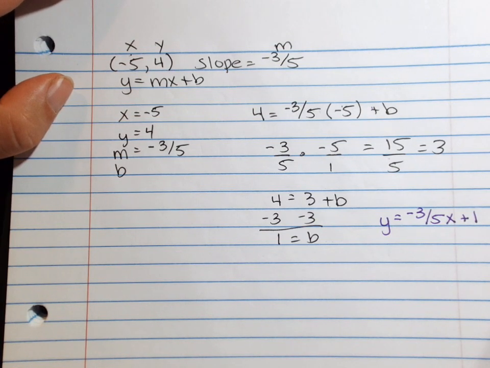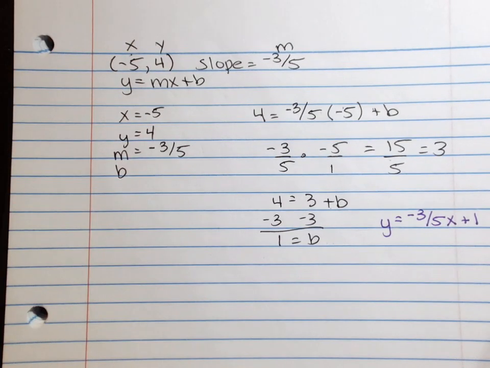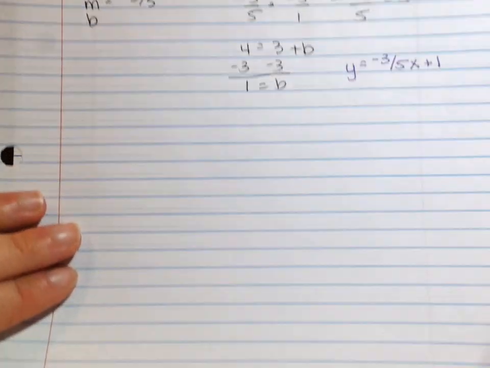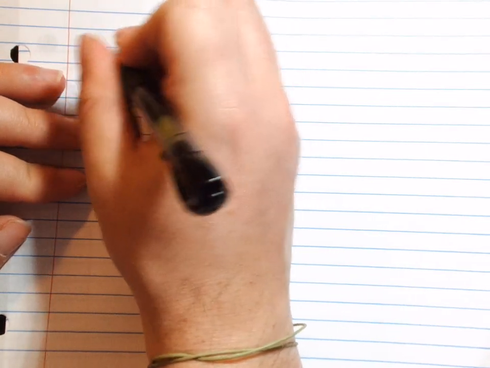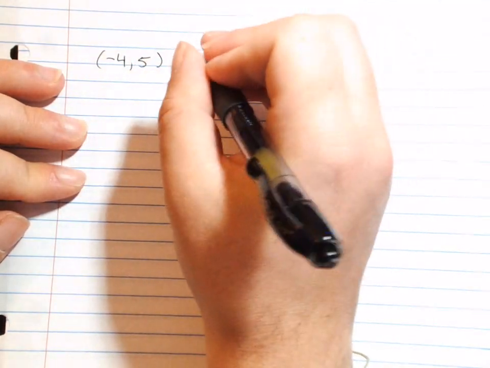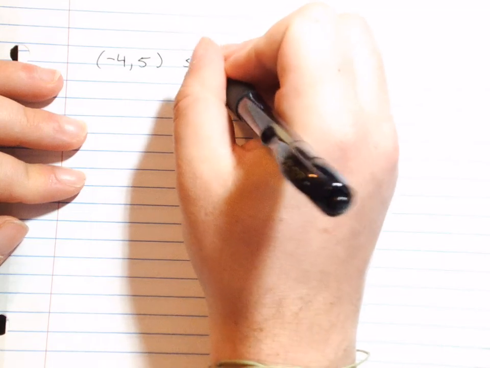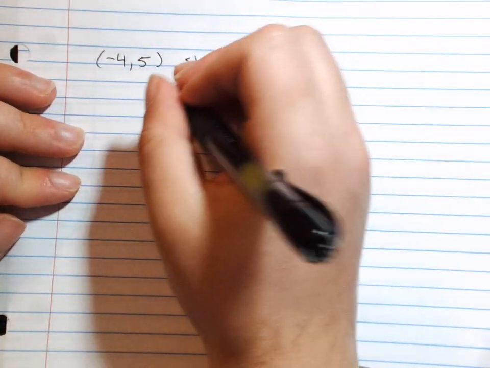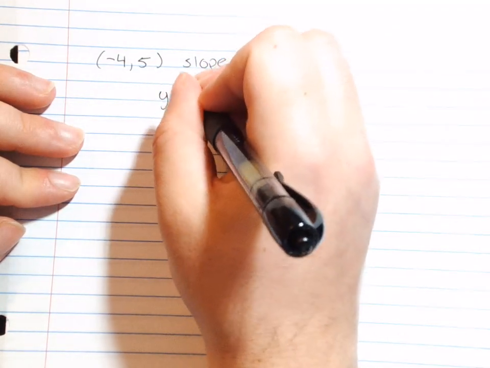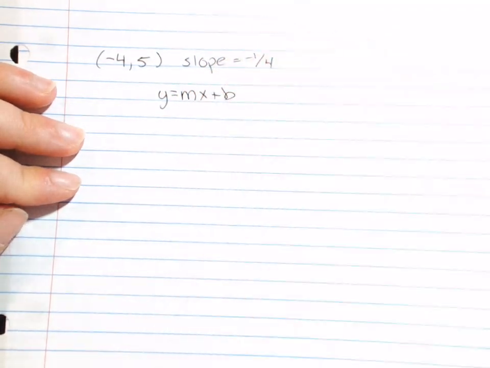And we'll do one more with a fraction. And let's see, the point is going to be negative 4, 5, and the slope is going to be negative 1/4. And we're going to do y equals mx plus b.